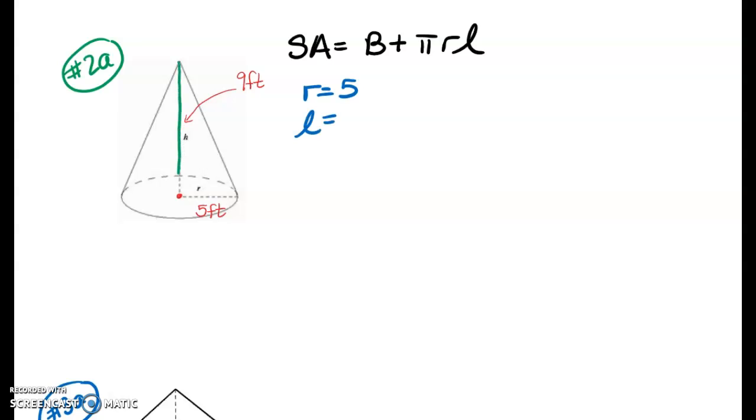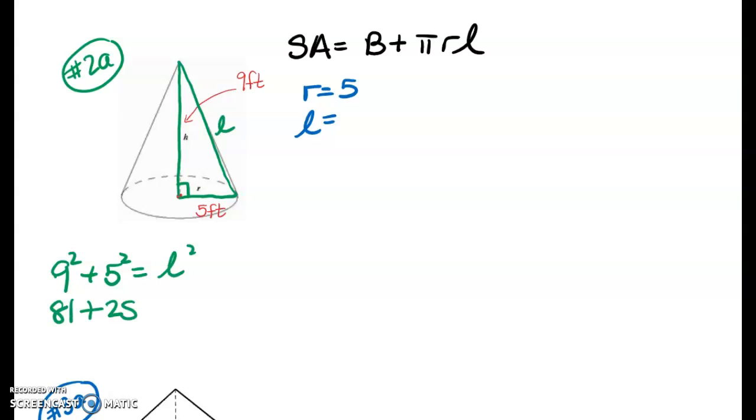I am given a nice right triangle here because that is the height of my cone. So I know my height is 9. I'm going to use Pythagorean's Theorem. 9 squared plus 5 squared equals my slant height squared. 81 plus 25 equals my slant height squared.